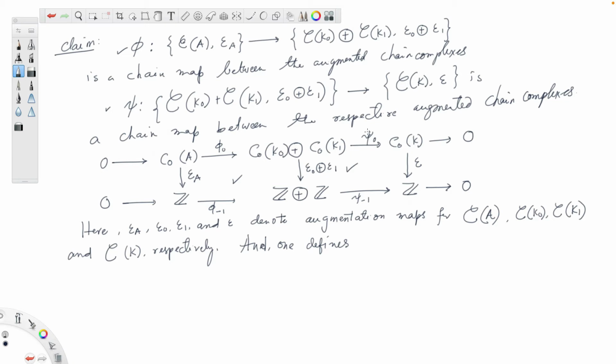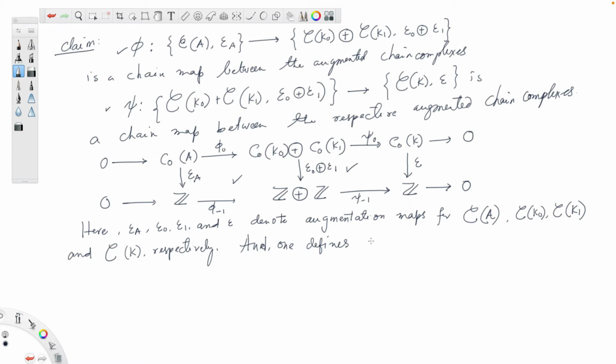So this Z is in dimension minus 1, this Z plus Z is also in dimension minus 1, this Z is in dimension minus 1, and these are group homomorphisms in dimension minus 1.